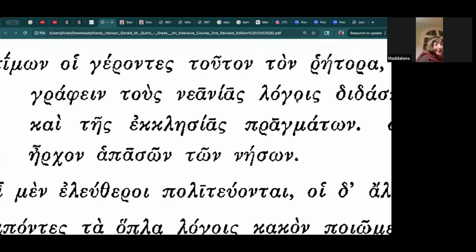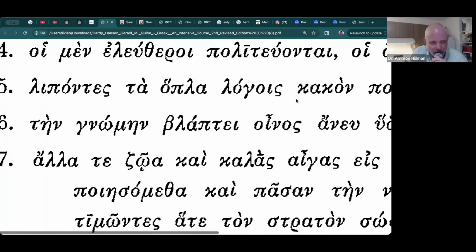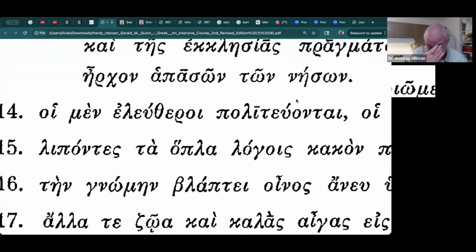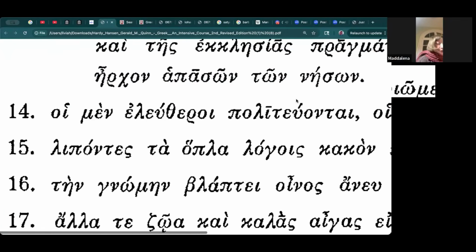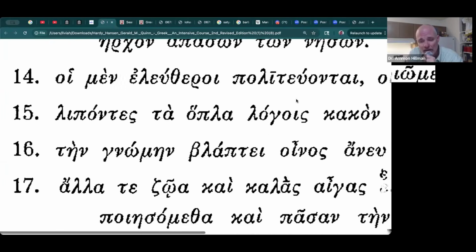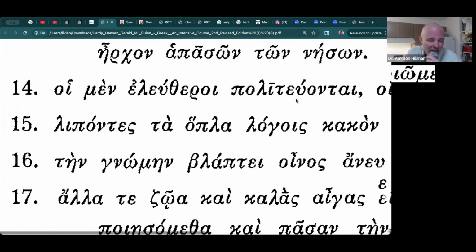Keep going. It's not helpful to stop with the crap. Jump down to 14. It just says they began to rule over all those islands. It makes no sense.